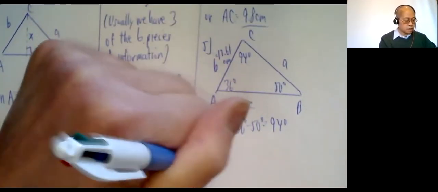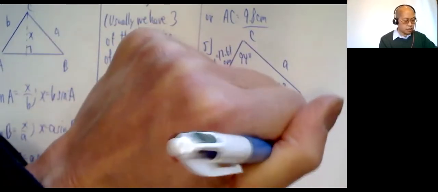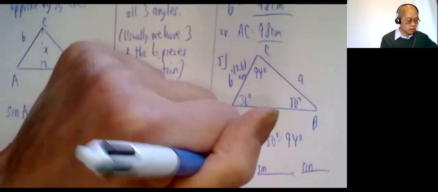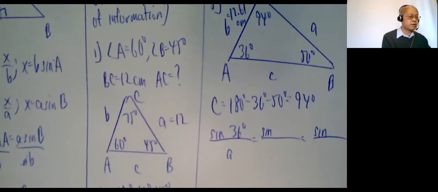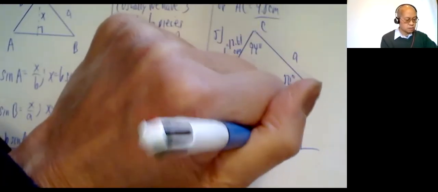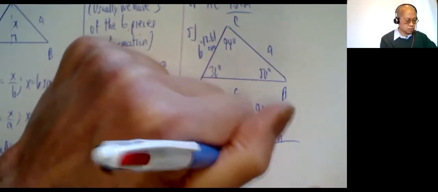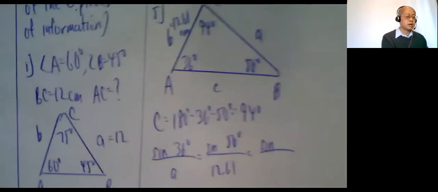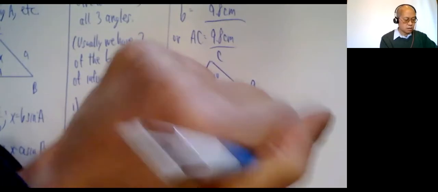Okay, set up my law of sines. Sine of A over a, sine of B over b, sine of C over c. Big A, little a. Big B, little b, but I know little b, 12.61. And big C, little c.